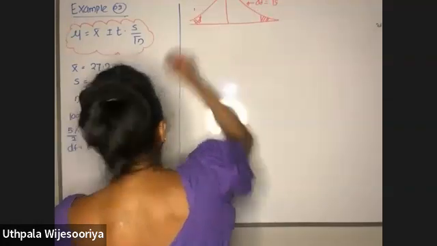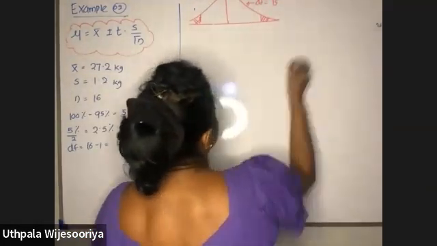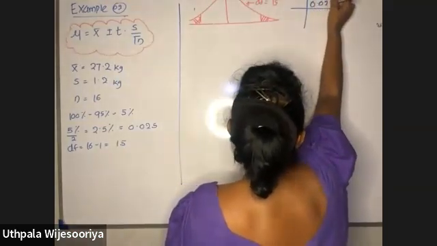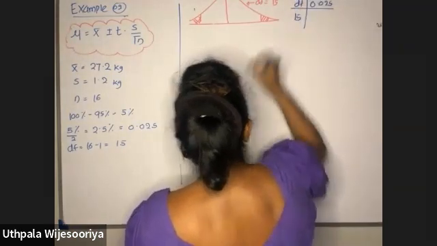So what is your T table value under 0.025 with degree of freedom 15? What is your T value?